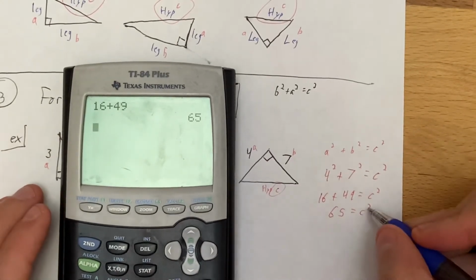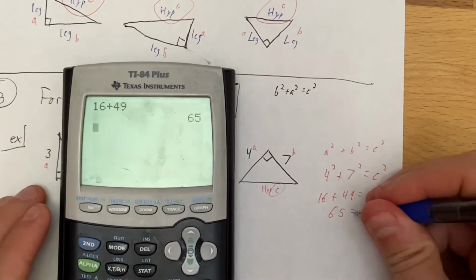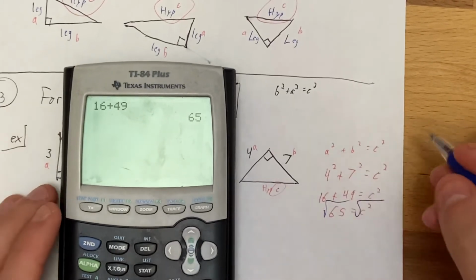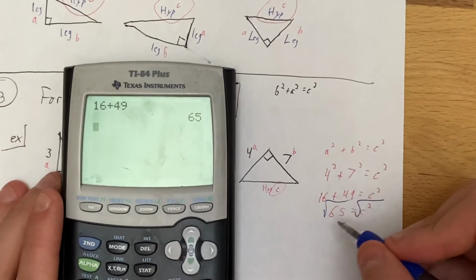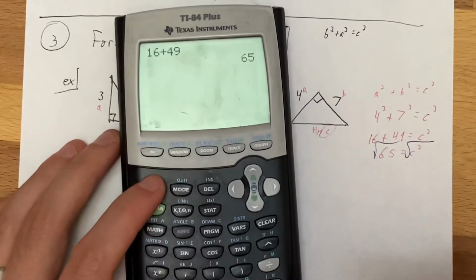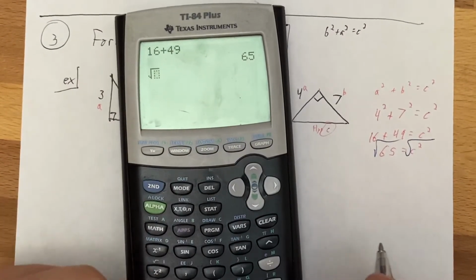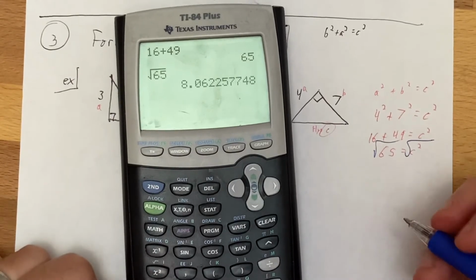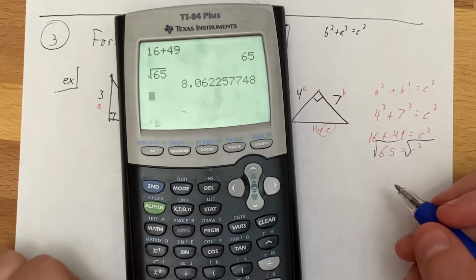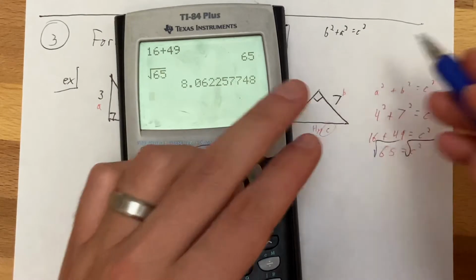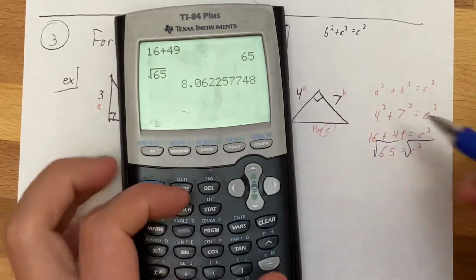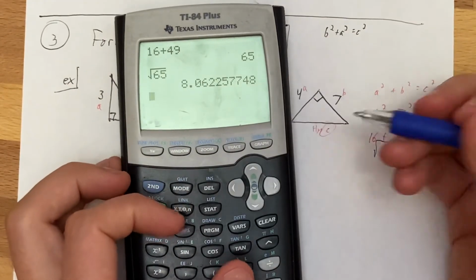The thing is, once again, in order to get c instead of c squared, you have to square root it. But the problem here is that 65 does not have an actual square root whole number. I'll show you that. Square root of 65. It is 8.0622577748 blah blah blah. The decimals go on forever, but you just only see this much.